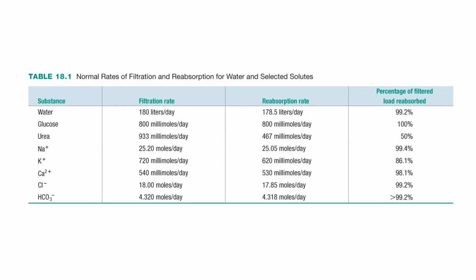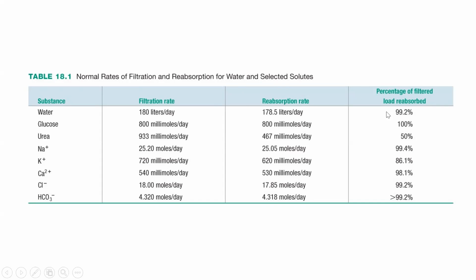When we start to see glucose in the urine, this is an indicator of excess blood glucose levels, meaning diabetes. Diabetics, or persons with other kidney dysfunction, are the only people we see with glucose in their urine, but glucose should not be in the urine in normal healthy adults, because 100% of it should be reabsorbed.